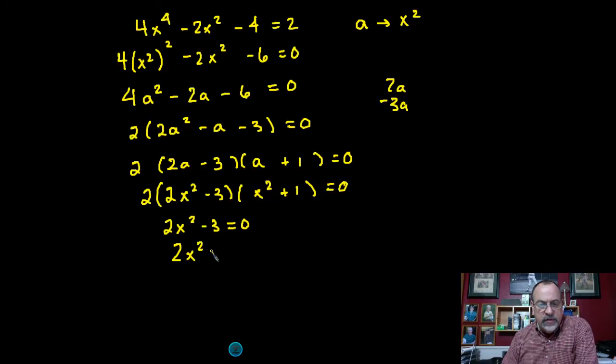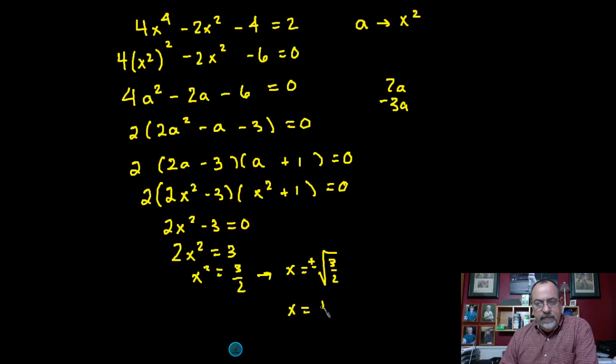We'll solve this equation, move 3 to the other side. x squared would be equal to 3 halves. So x would be equal to plus or minus the square root of 3 halves. And if I were to rationalize that, I would get x equals plus or minus the square root of 6 over 2.